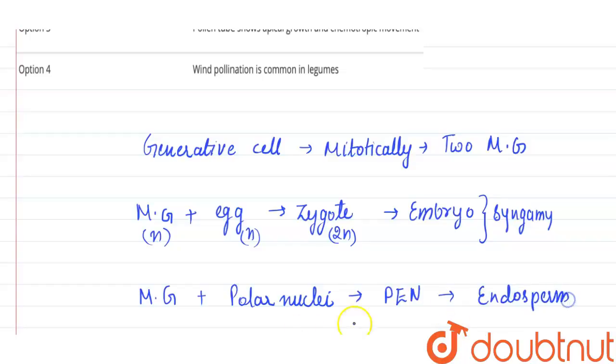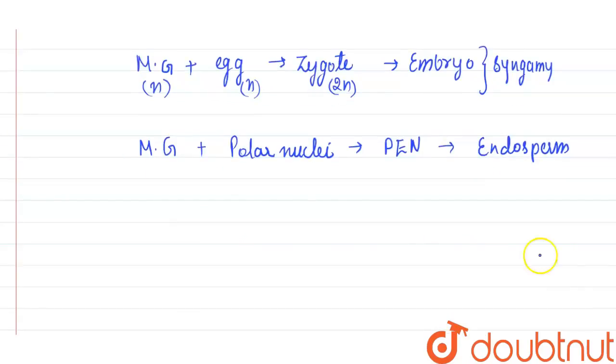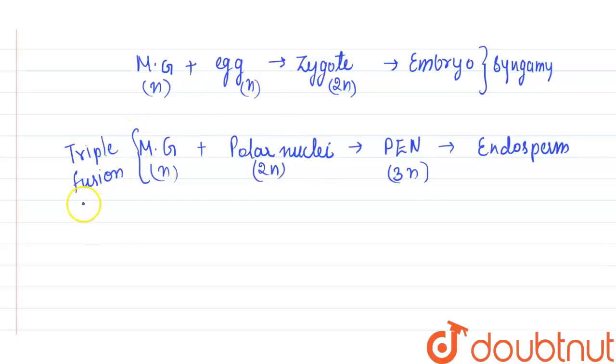The male gamete is haploid here, but the ploidy level of polar nuclei is diploid. They both form a triploid endosperm, and this fusion is known as triple fusion. Syngamy and triple fusion together are termed double fertilization.